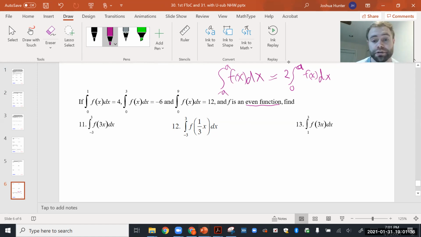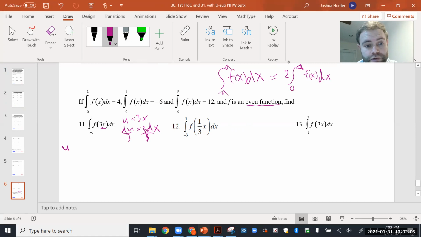And another attribute that's being used on these 3 problems is that they're all u-sub problems, because we have a function inside of a function. So on number 11, I'd call that inside piece 3x my u. So we'll have u equals 3x. du would then be 3 dx. Got no other 3 here, so I'm going to divide by 3. Something else we need to do here, because it's definite integration with u, we need to change the limits.